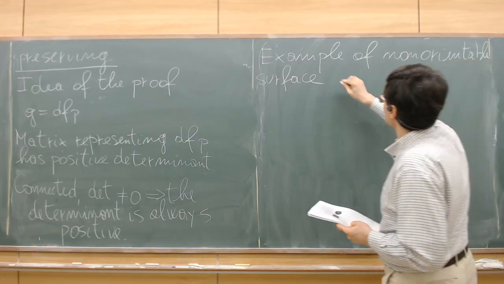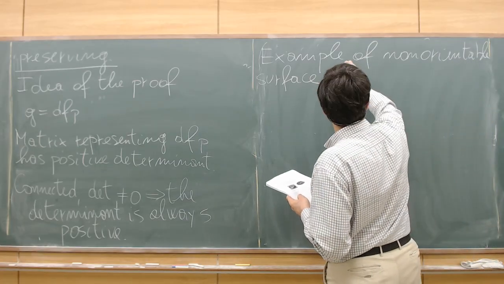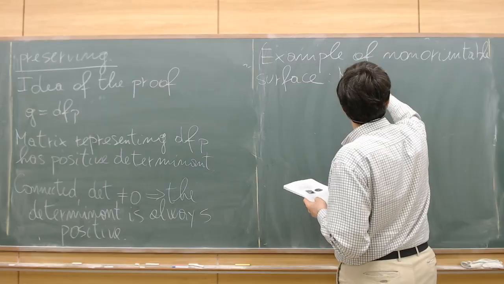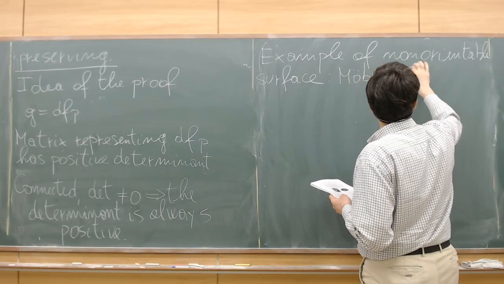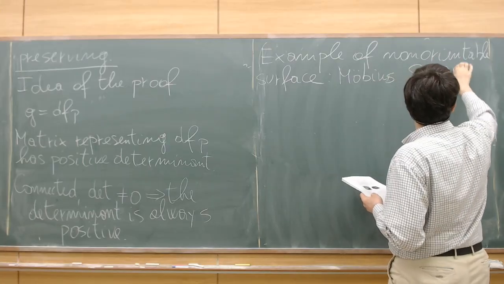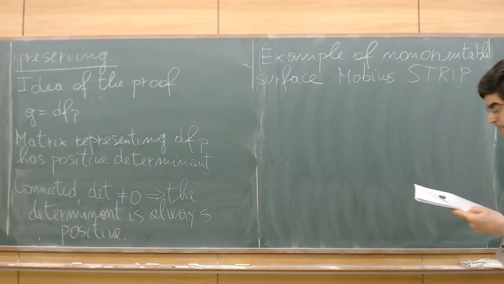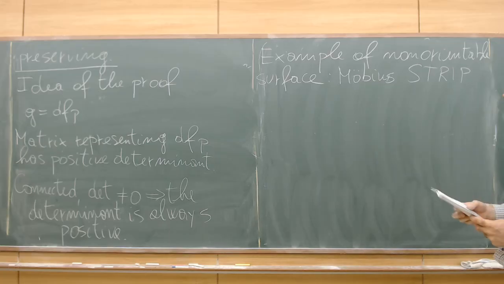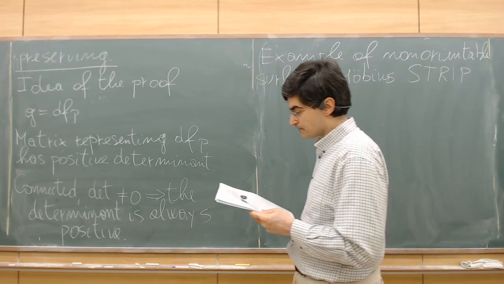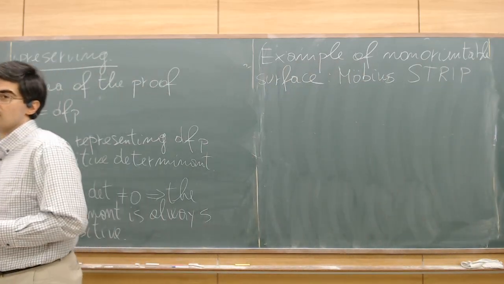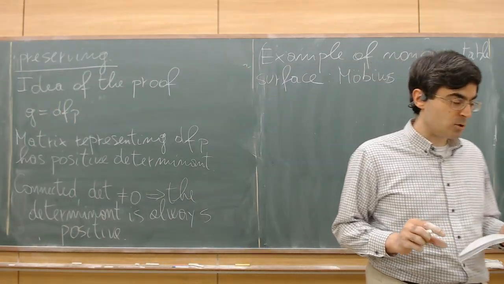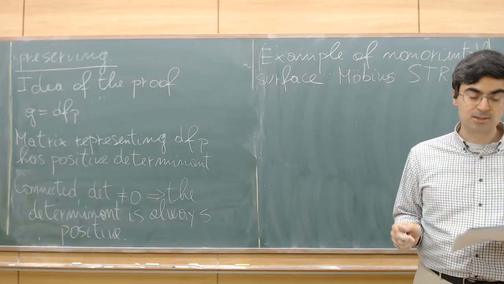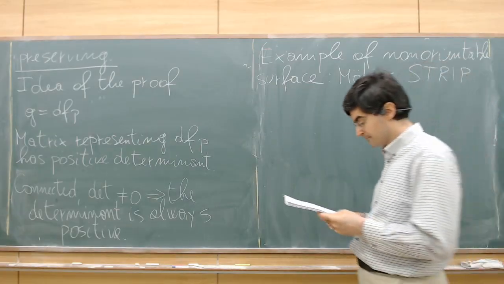This is known as Mobius strip. A model of this object can be constructed using a strip of paper, gluing its ends after a twist.